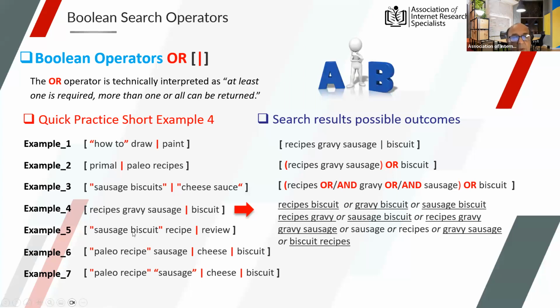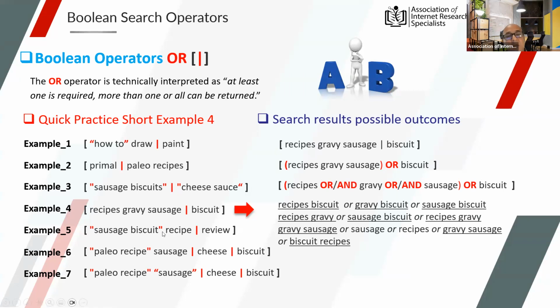In the fifth example, the word sausage biscuit put within the quotation marks is emphasized as separated from the word recipe. Because of these two being within quotation marks, the word recipe and review are now going to work with or against each other to be found as a choice.